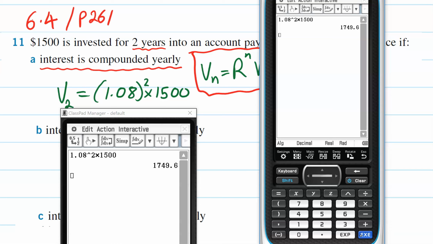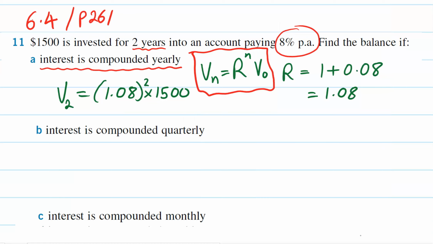$1,749.60. Let's have a look at the next one, part B. I'm going to use different colors so that we can differentiate these numbers later. Compounded quarterly. So how many quarters a year? 4 quarters a year.